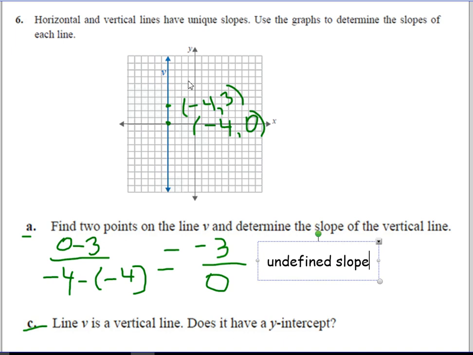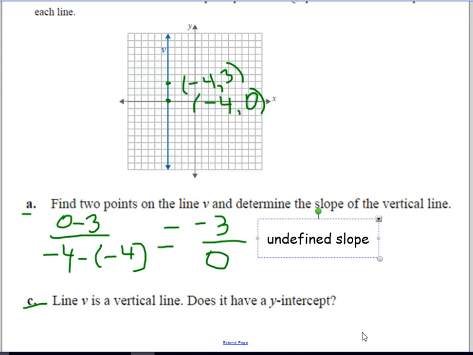So an up and down, see, we're going a rise of 3 spaces, but we're not running anywhere. So your slope of a vertical line is undefined. And it's showing that for this, it has no y-intercept, like I mentioned before. No y is parallel to the y.